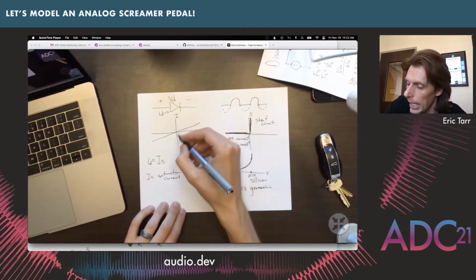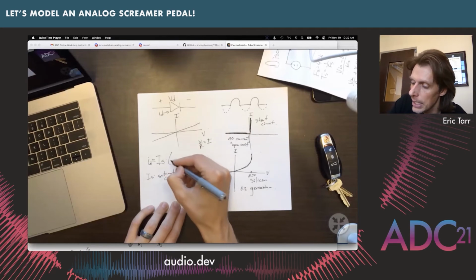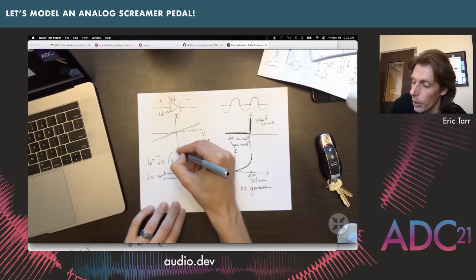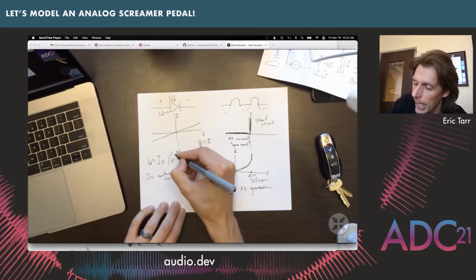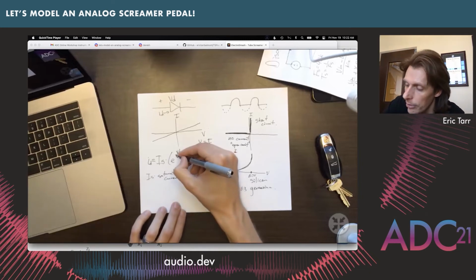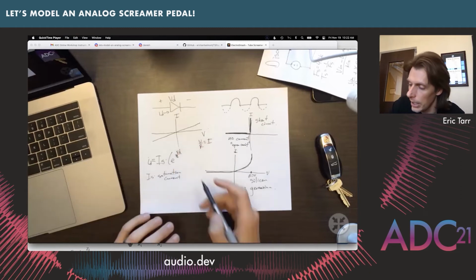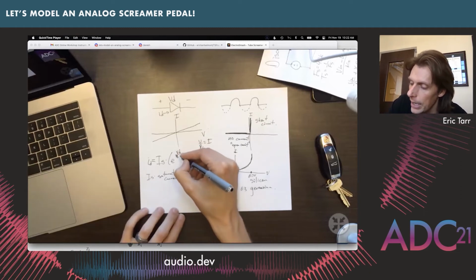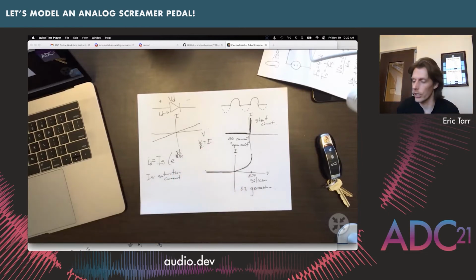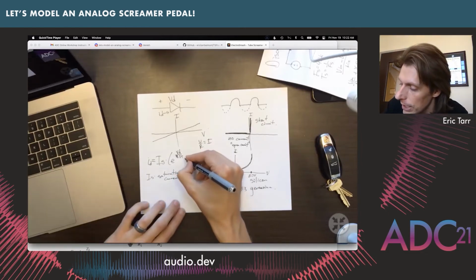And then we'll have this times e raised to the power of the voltage across the diode divided by this quality factor variable for the purity of the diode, Greek letter eta. And then there's a thermal voltage that depends on the temperature of things for the diode.